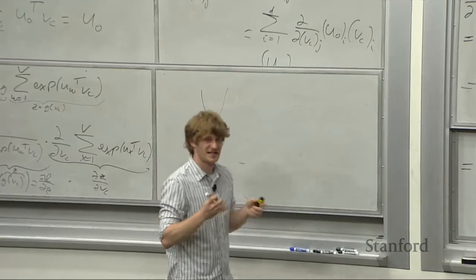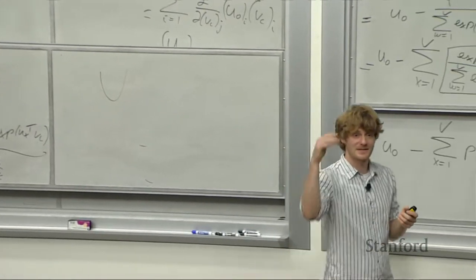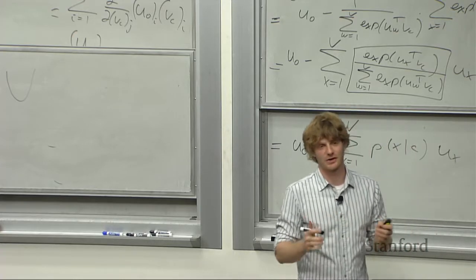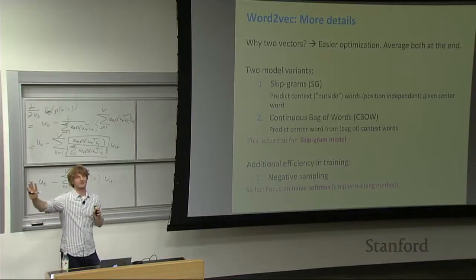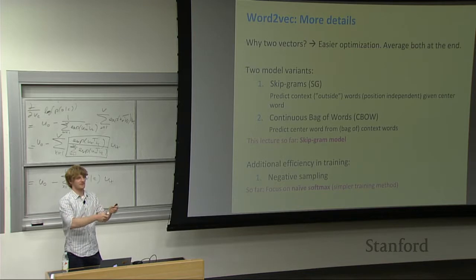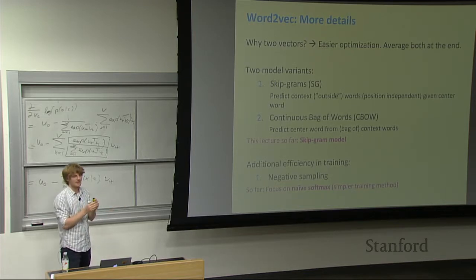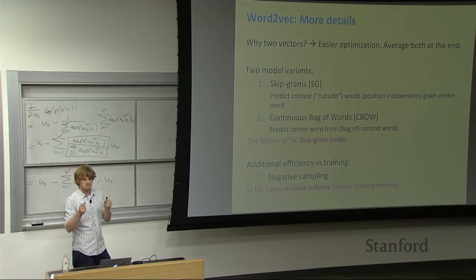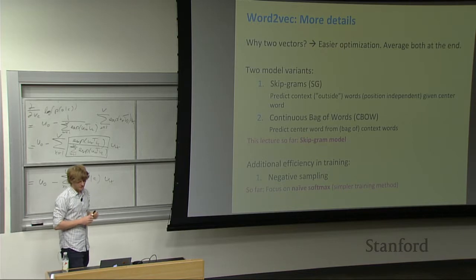And that's just a little harder to optimize as you have very non-convex kinds of functions. But in the end, once you want to have a downstream machine translation system, you want to give me a vector for a single word, and we're just going to average the 2 vectors. Some people also concatenate them, so you have a 2D vector. There are lots of different things you can do, and in most cases, there's no obvious theoretically right answer. You just try them, and you see which one works better.